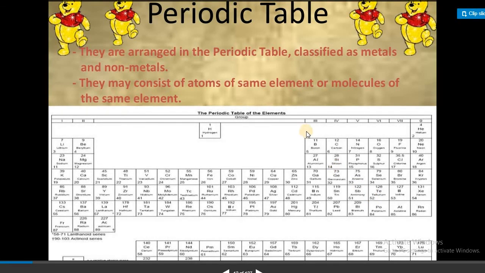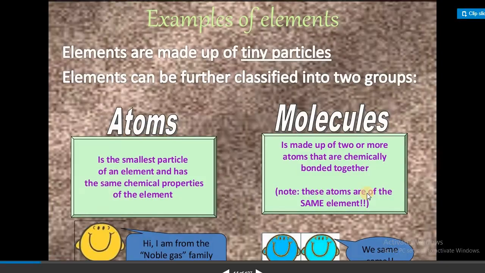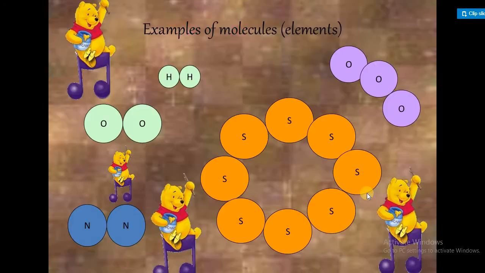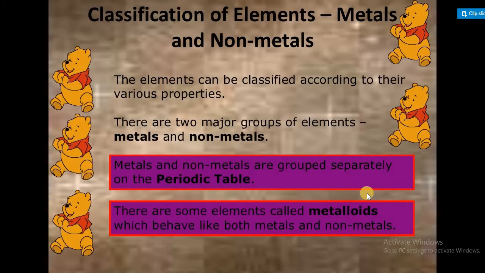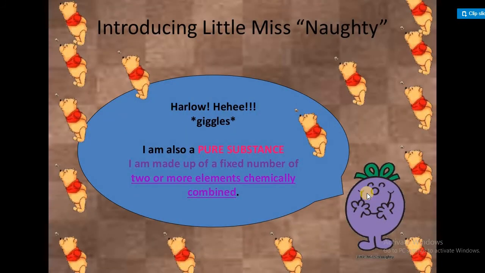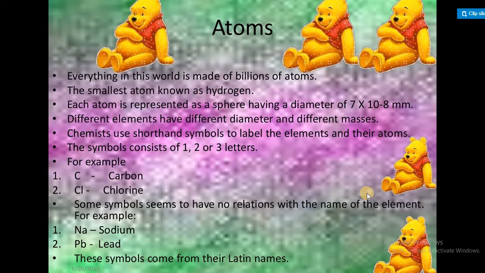Along the top and the bottom of the staircase, the metalloids are present, which have both properties. Sometimes they act as a metal, sometimes as a non-metal, so they are called metalloids. For now, it is not very important because we are going to discuss everything under the topic of the periodic table.